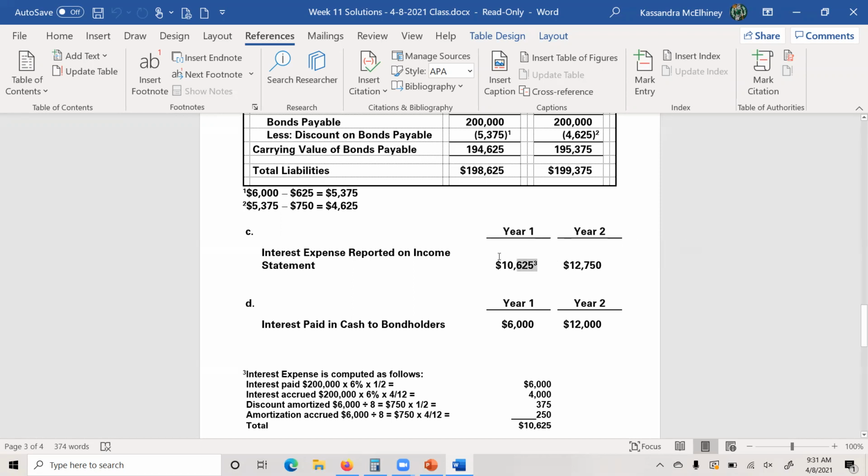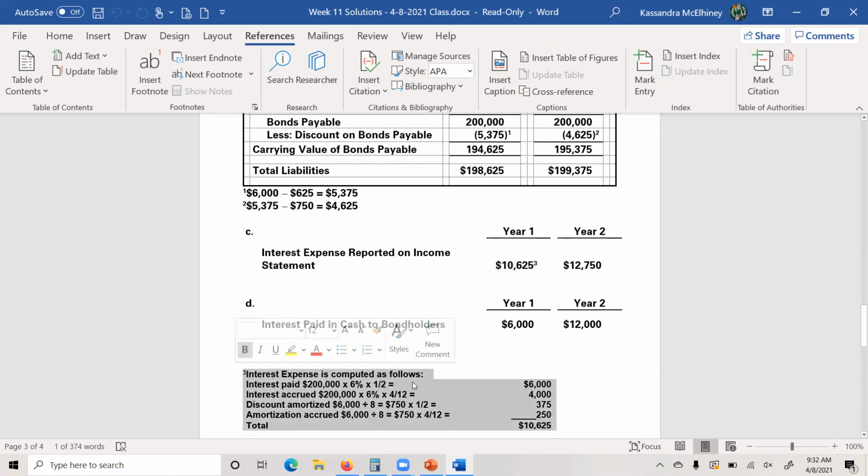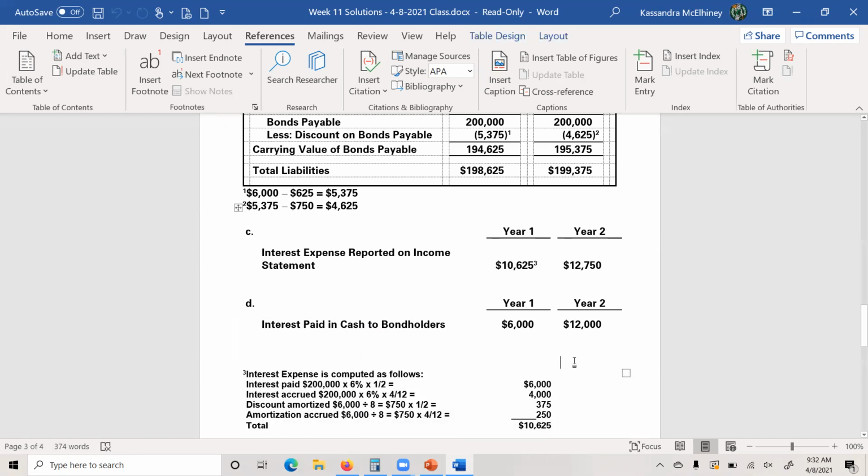So the issue will be coming up with our year one bond interest expense. And that's calculated down underneath part D. So we first need to calculate the interest paid. I'm going into the effective interest method, and we don't need to do that. So our interest paid and our interest accrued will both be part of interest expense.